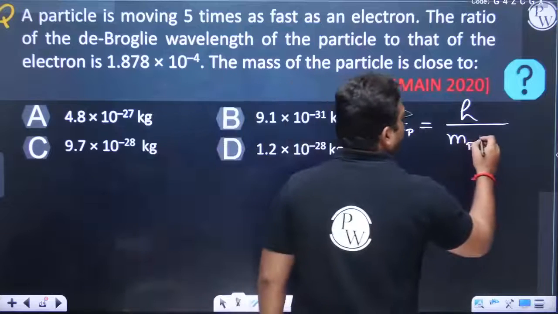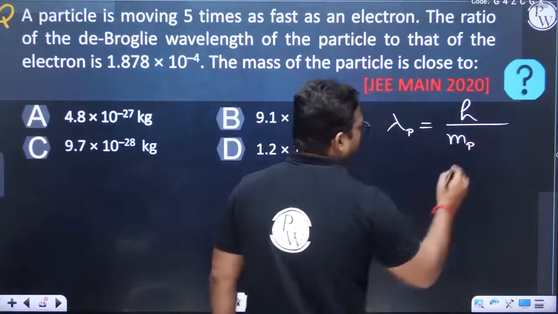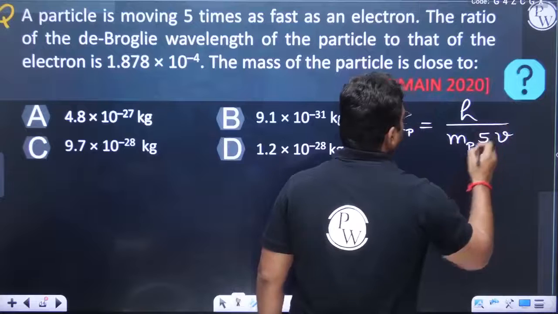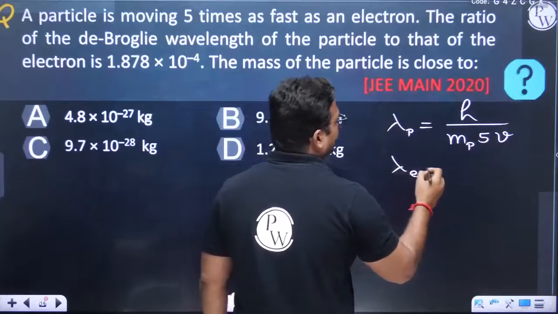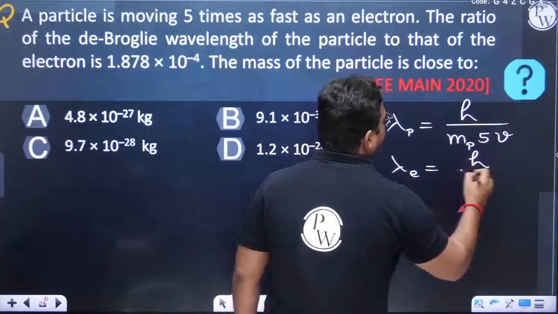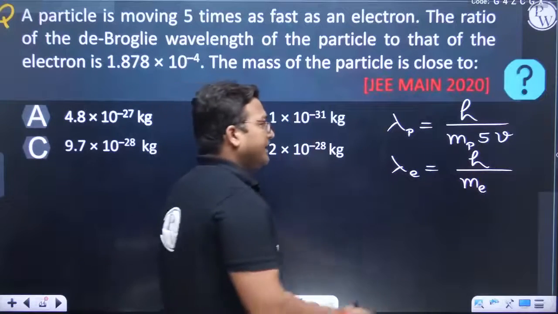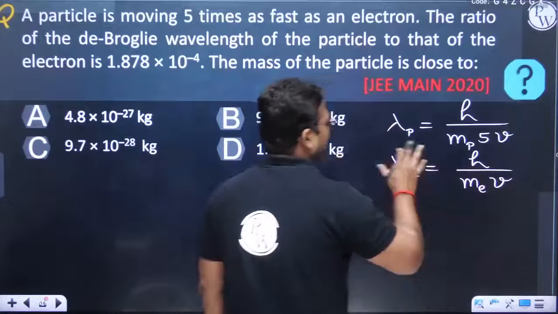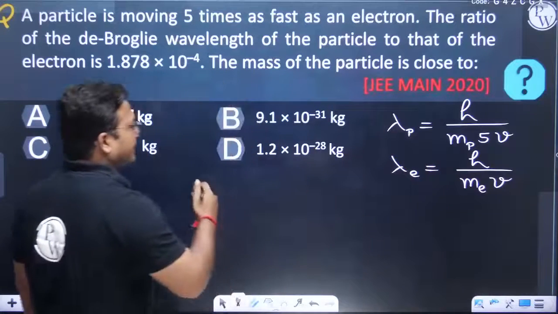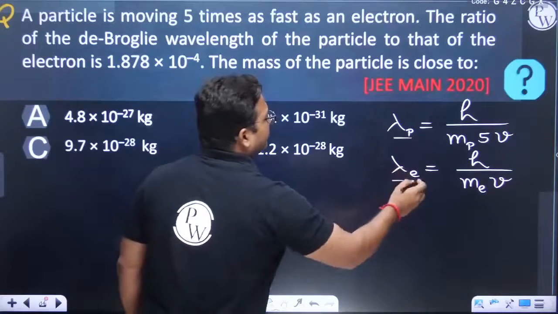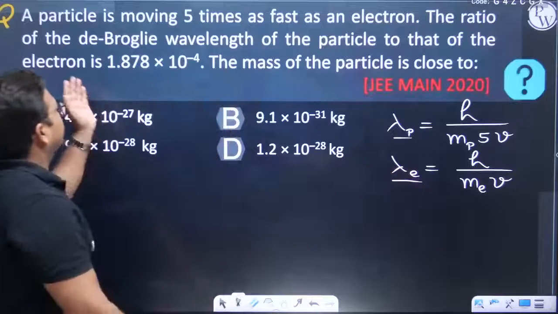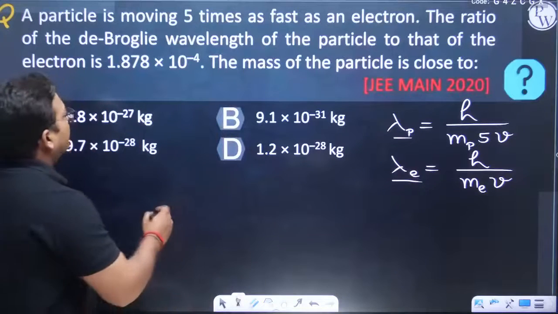So the particle velocity would be 5 times v, and lambda electron is going to be h divided by mass of electron, everybody knows mass of electron, times v. Let us now divide these two equations, and we have lambda p by lambda e, and this ratio is given as this.